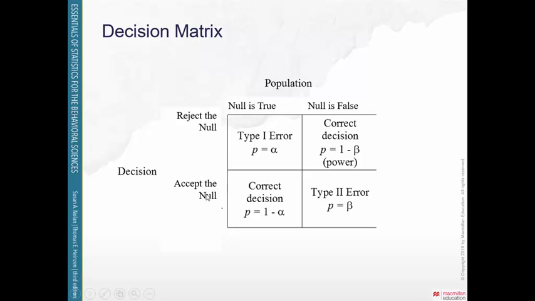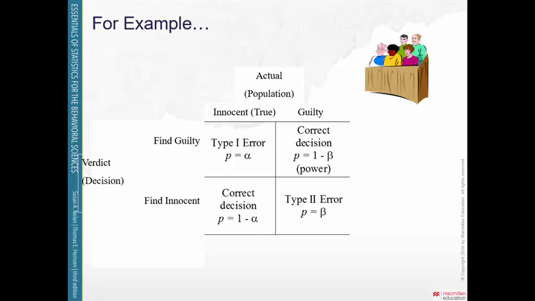I said, based on my sample data, this independent variable of reading program doesn't work, but in actuality it does. If I tested the whole population, I've missed that effect of the reading program, and I've made a type 2 error. So let's look at another example that sometimes can make it more clear.